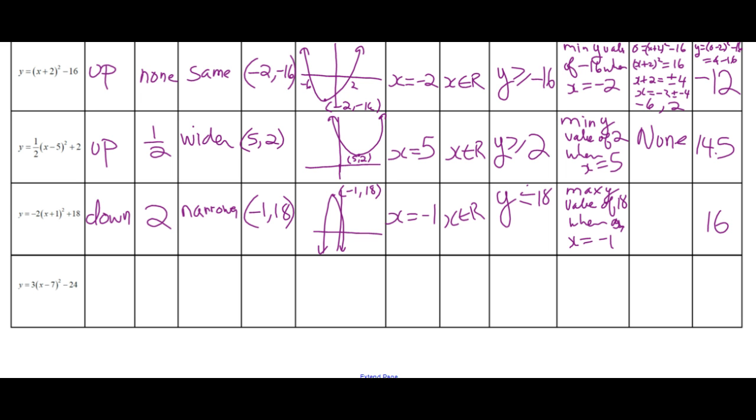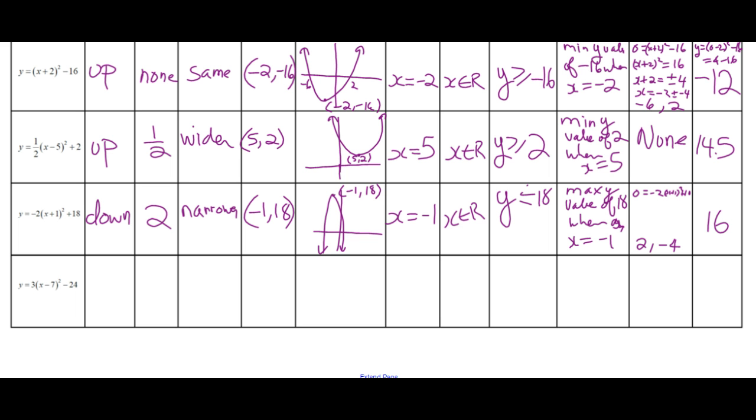What are the X-intercepts? 2 and -4. Anybody want to see that worked out? Okay. So we're going to go 0 is equal to -2 times x plus 1 squared, plus 18. That just says this with a 0 in there.